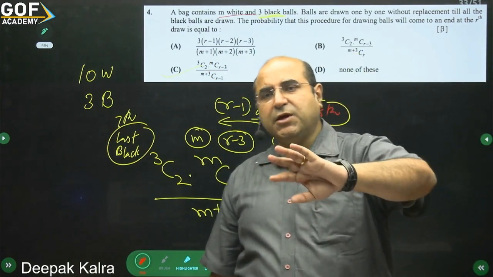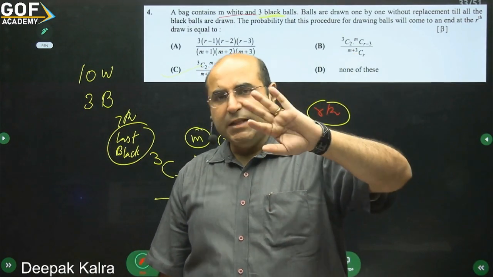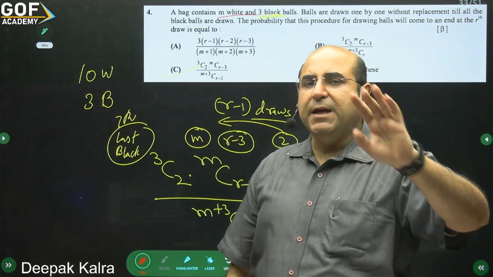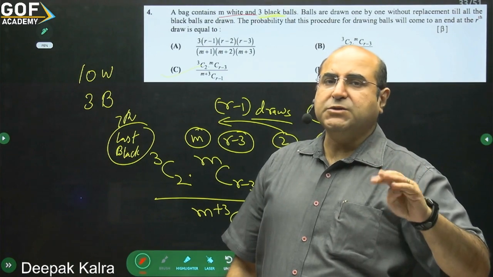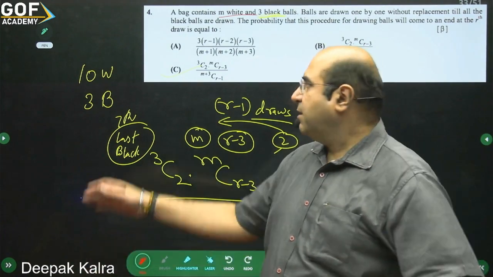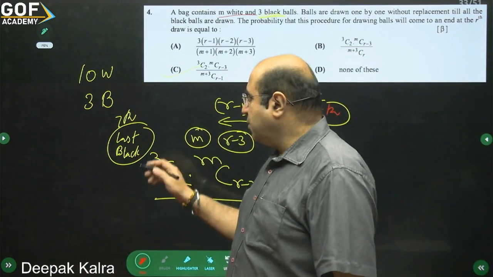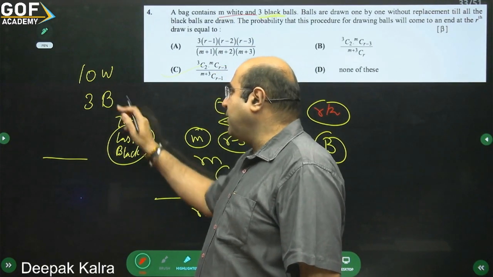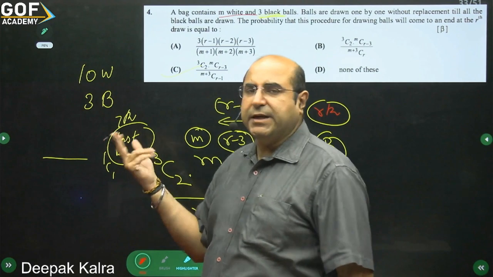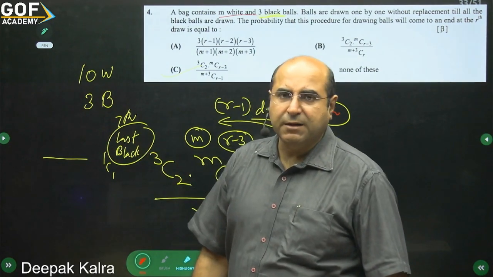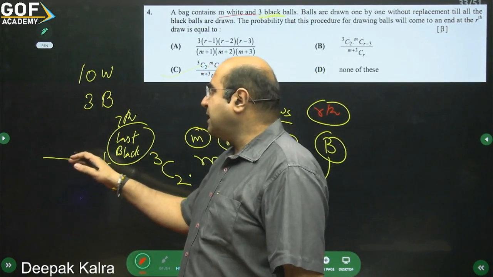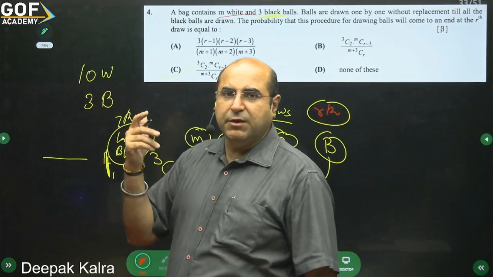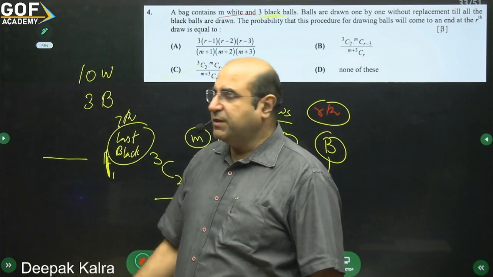Before the seventh draw, you have 6 draws. In those 6 draws, only 2 black balls are coming out, and the balance 4 balls coming out are white. So you do one thing: the last draw is the 7th draw, you are getting a black ball, so you'll write 1C1, that we are taking out the black ball only. This is one choice only, you don't have any other choice. Only one black ball is pending.